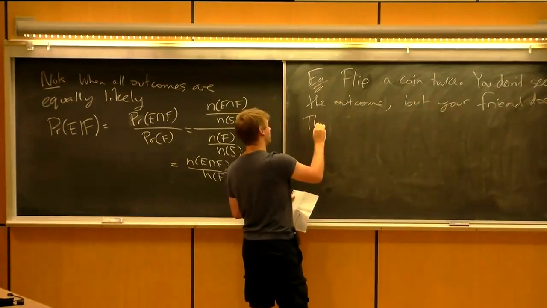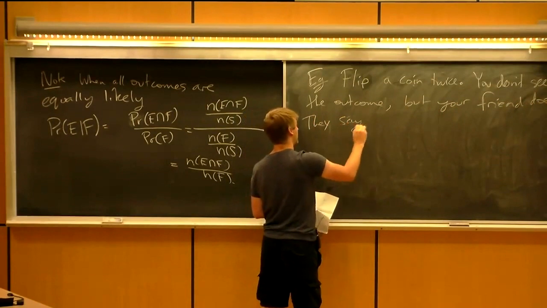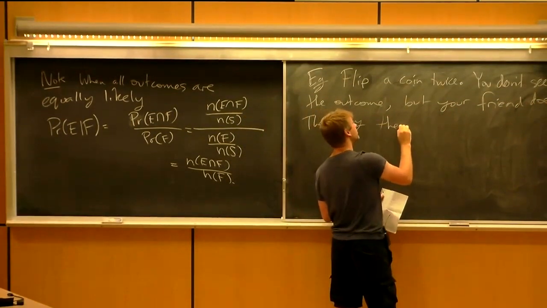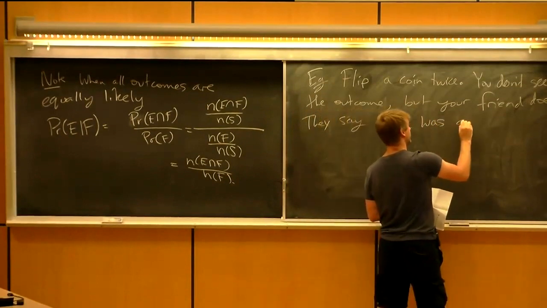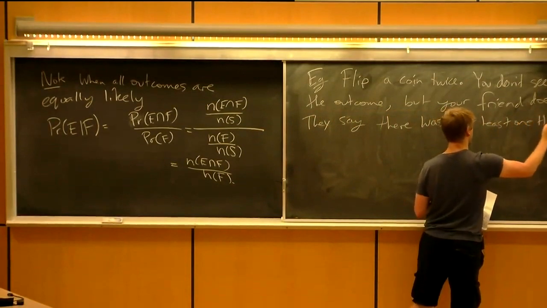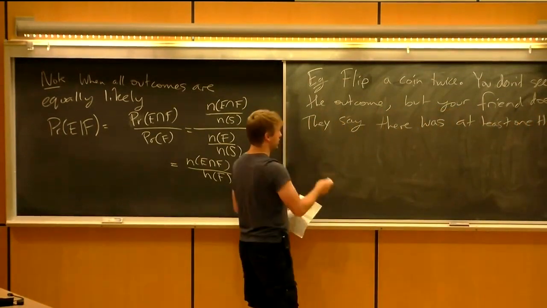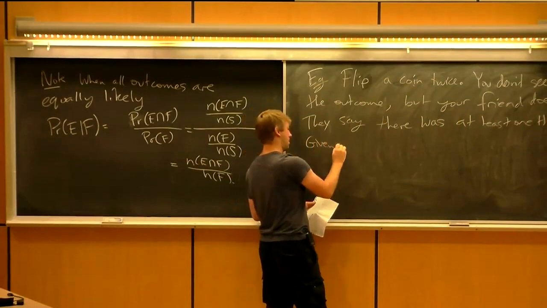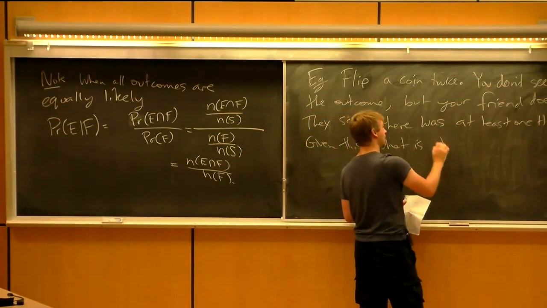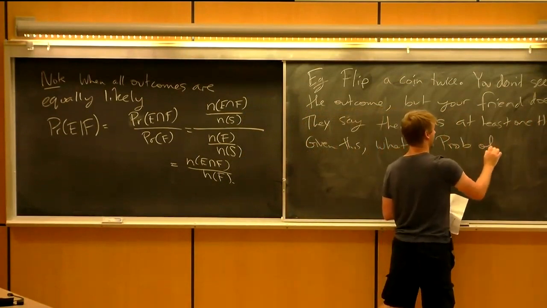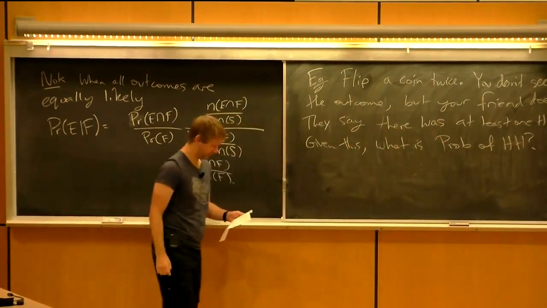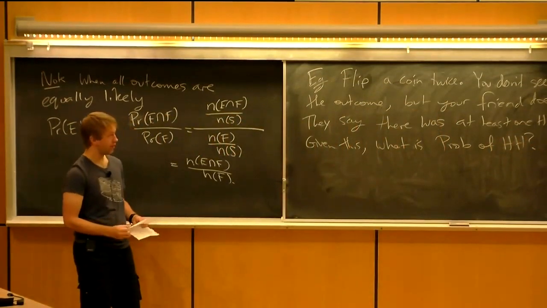They tell you that there was at least one head. Given this, what is the probability of them both being heads?